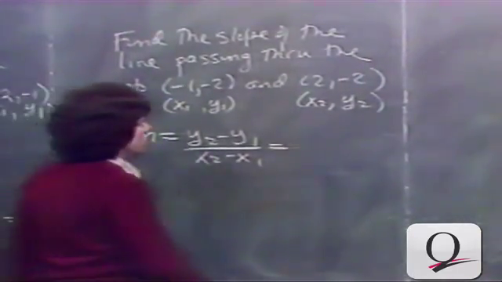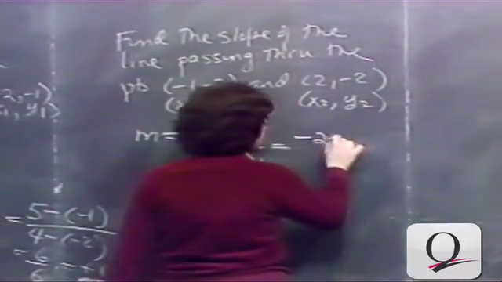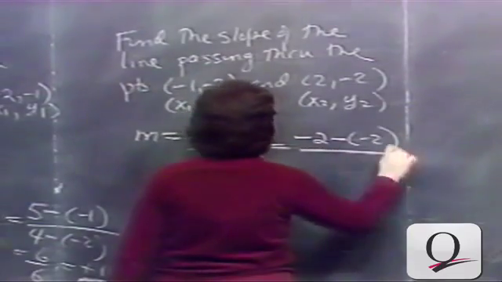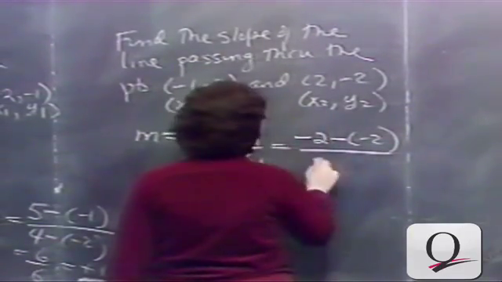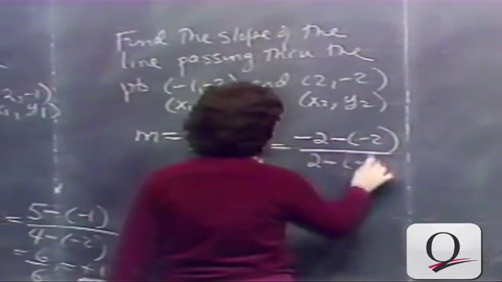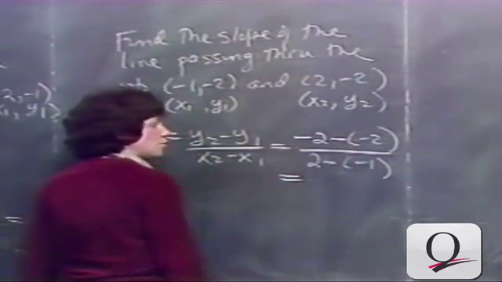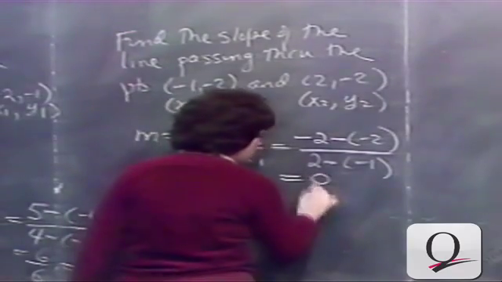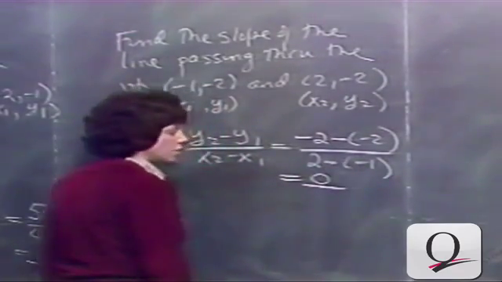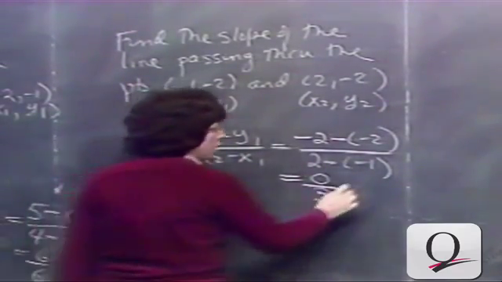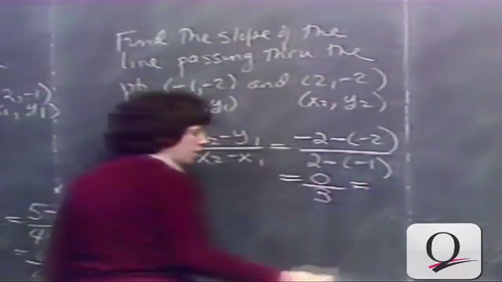That's minus 2, take away a minus 2, over x2 minus x1, 2 minus a minus 1. Minus 2, take away a minus 2, minus 2 plus 2, that's 0, over 2 minus a minus 1, over 3. 0 divided by 3 is 0.